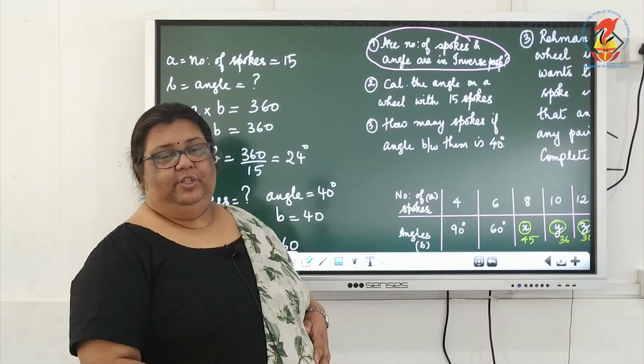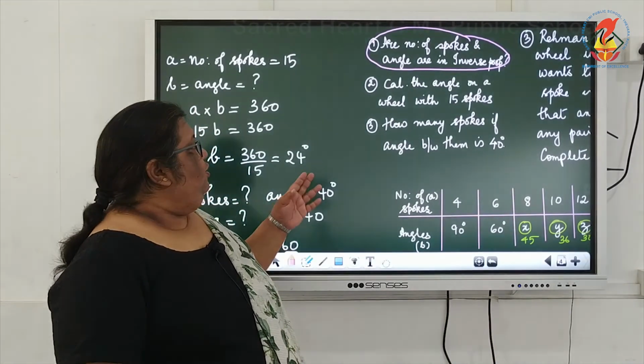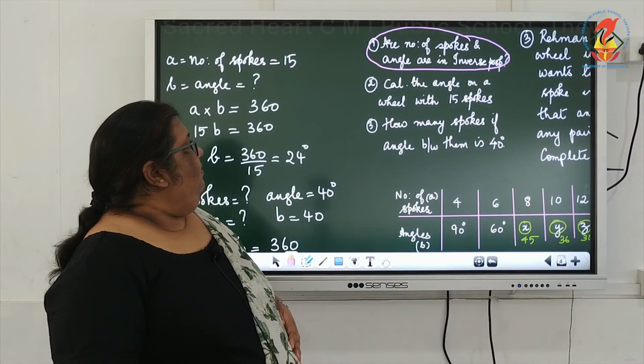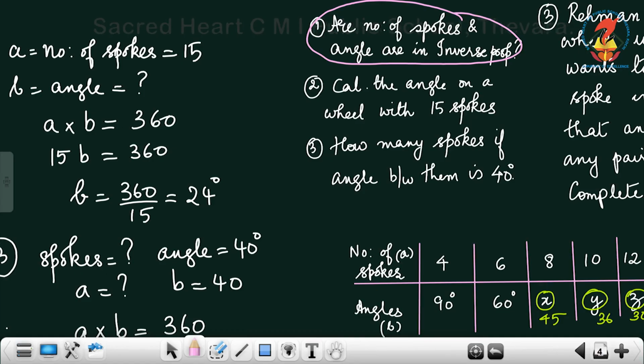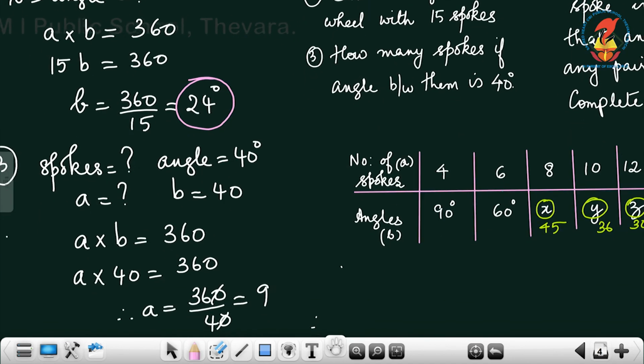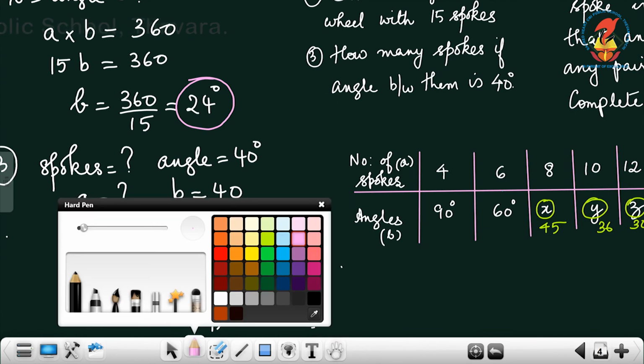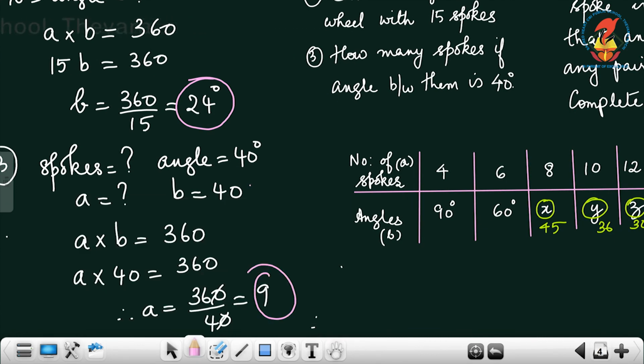Therefore, it is in inverse proportion. Subdivision 2. Calculate the angle when the wheel has 15 spokes. What is the angle? 24 degrees. Third one. How many spokes if the angle between them is 40 degrees? There will be 9 spokes when the angle is 40 degrees.